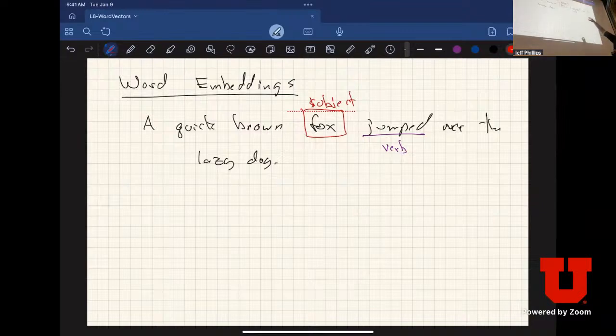They would try and understand this. This is the subject. Quick and brown are adjectives, I think they're modifying fox. And then over, jumped over is part of the verb jump, right? And analyze the sentence this way. We would look at the sentence, try and identify the parts of speech, and break down the sentence in this way.